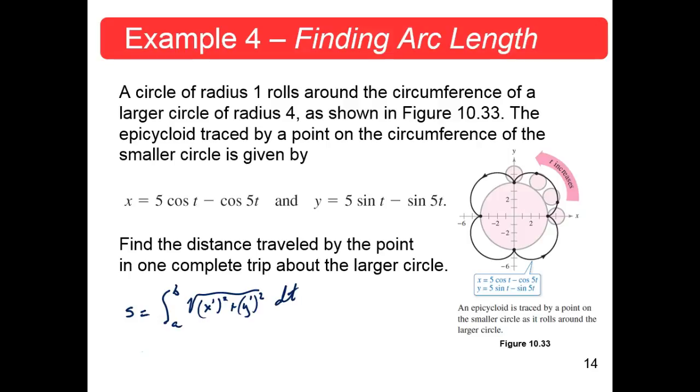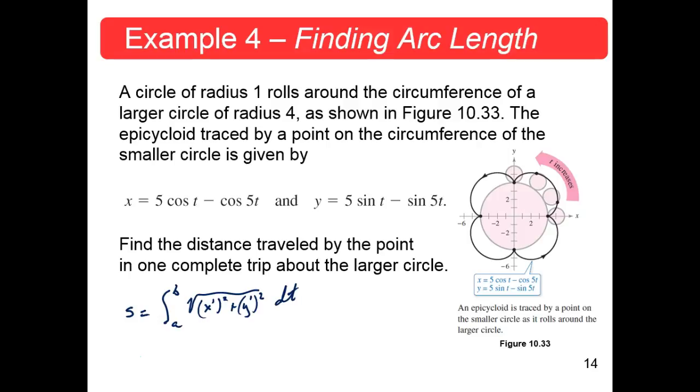And 5 times 1 is 5. Minus cosine of 5t. Well, if t is 0, 5t is also 0. Cosine of 0 is 1. 5 minus 1 is 4. So that sure has us starting at the right place.